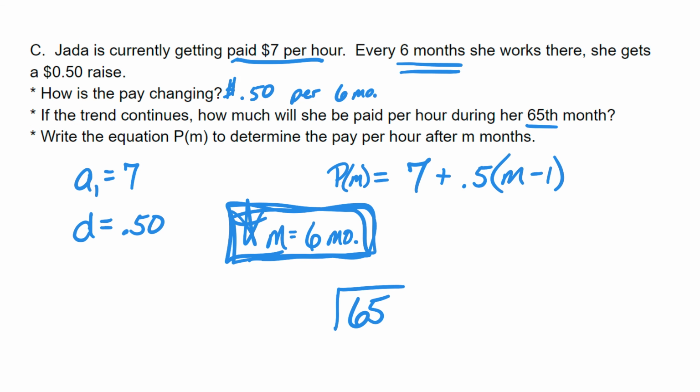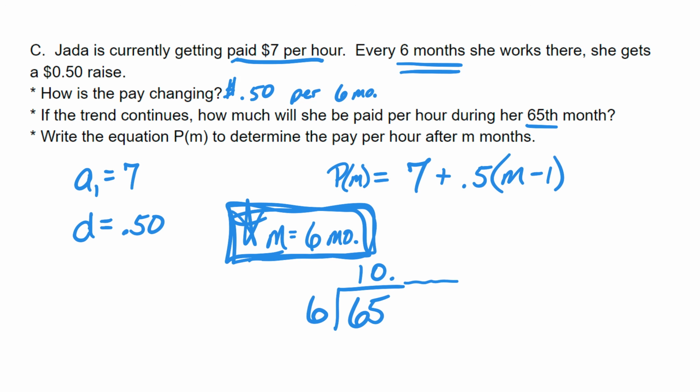So we have 65 months, 6-month intervals. We would actually get a decimal. We would have 10 full month intervals, and then we will have a decimal, won't we? But we did not get the next pay bump. I don't care if this number rounds up. Let's actually see what the number is.